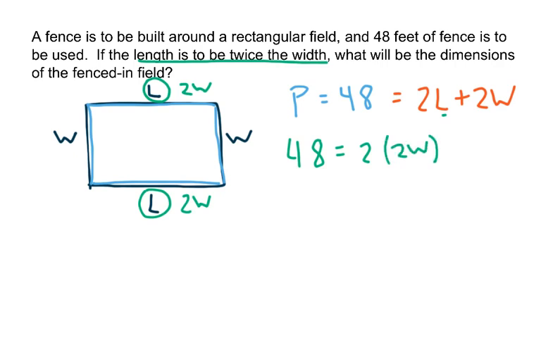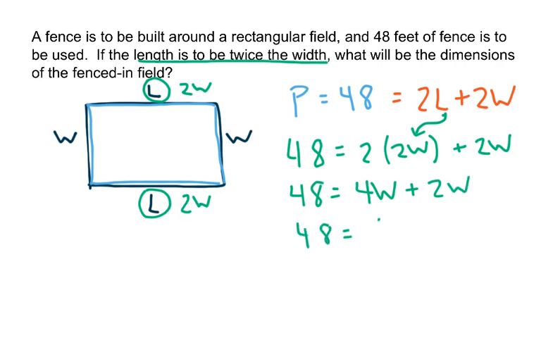You may remember that as being called substitution from your algebra courses. And then plus 2W. So this L got replaced with 2W because the problem told me those two are equal. Now I've got one equation with one variable, so I'm going to be able to solve it. We've got 48 equals 4W plus 2W.